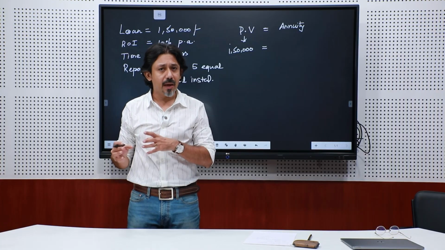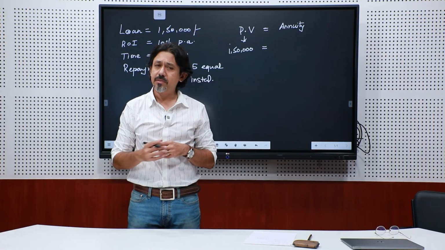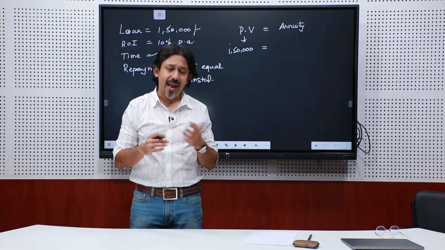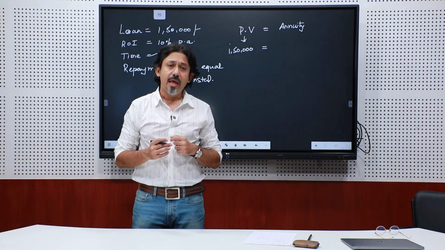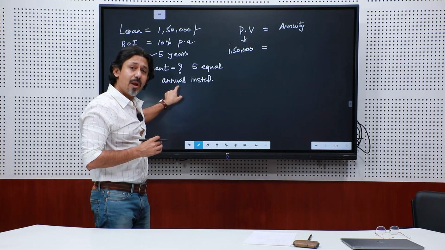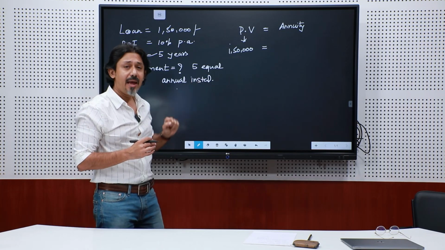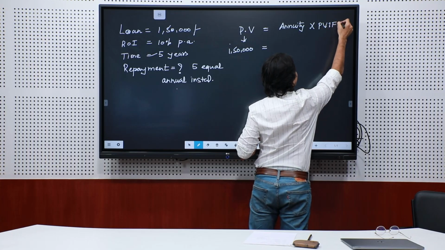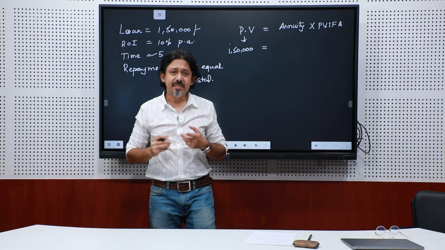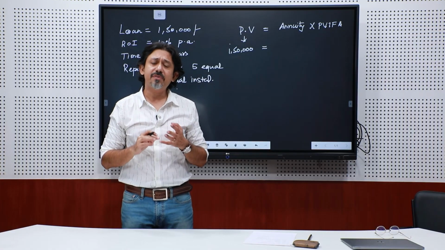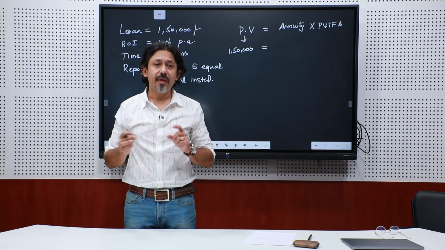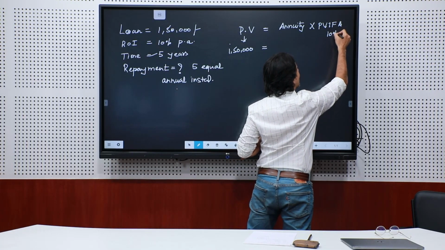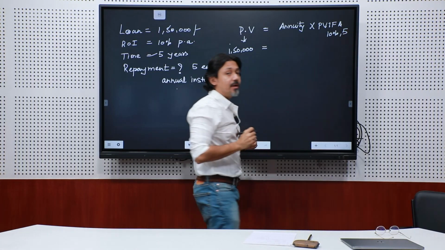So, 100 rupees every month, 500 rupees every 6 months, 1000 rupees every year. These are all examples of annual annuities, monthly annuities, quarterly annuities, and so on. So, our installment, which is an annual amount to be paid, is the annuity, multiplied by PVIFA. PVIFA stands for the present value interest factor of an annuity, at the rate of 10% for a period of 5 years.